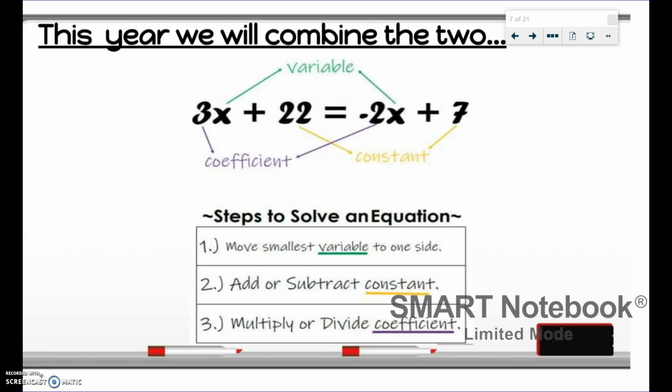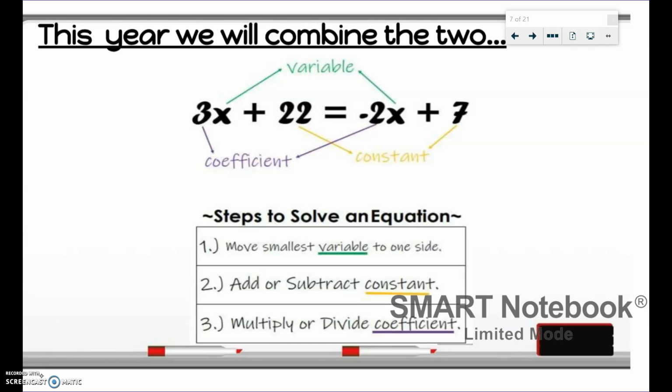Now this year, we are going to combine those things. And now you notice we have variables on both sides. So all we're doing is adding one more step to what we already know. So if you notice, I have the equation 3x plus 22 is equal to negative 2x plus 7. So I have two variables, two coefficients, two constants.